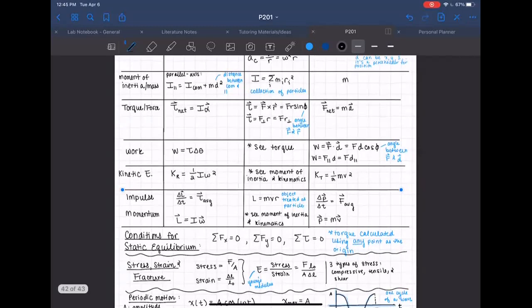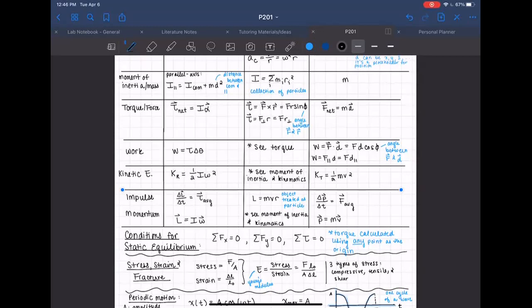And then the last two things for these general foundational mechanics equations are our impulse and our momentum. So for our rotational, we have angular momentum, that capital L. The change in angular momentum over the change in time is going to give us our average torque that's acting in that time period.